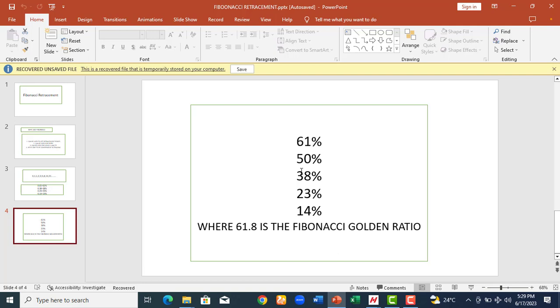What does that mean? If a market is in an uptrend and starts doing a retracement, that is, starts selling, at least it has to sell 50% of the initial swing in the market before it will continue the bullish move. Likewise, the bearish move. This is what I'm trying to say.